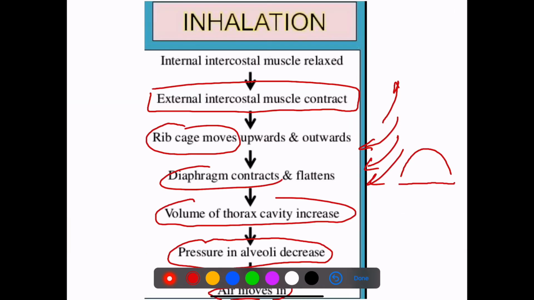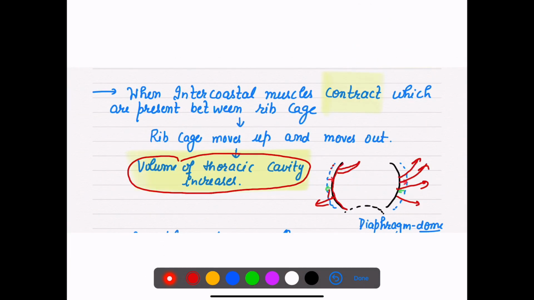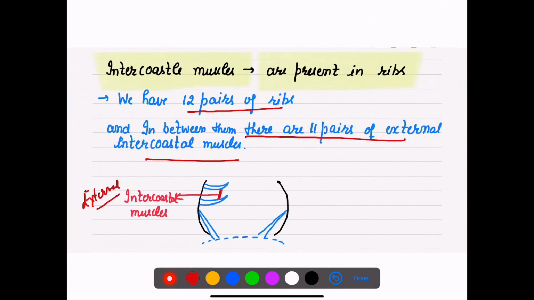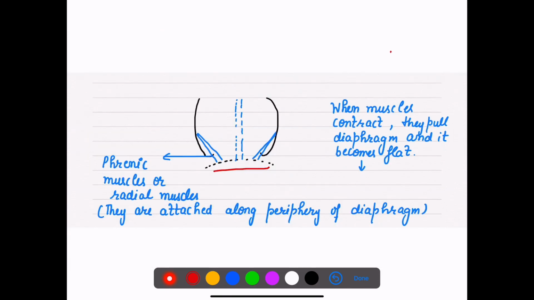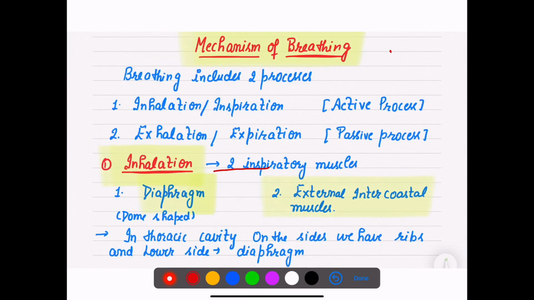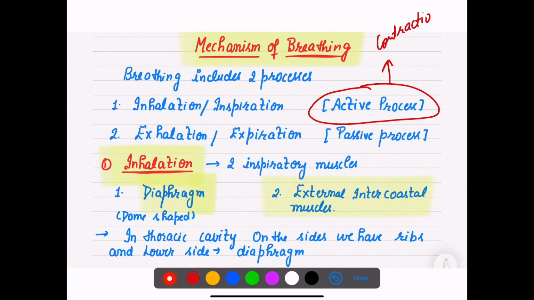In the starting I said that inspiration, inhalation, is an active process, right? Why active? As you can see, there is contraction of muscles, and for the contraction of those muscles you need energy.